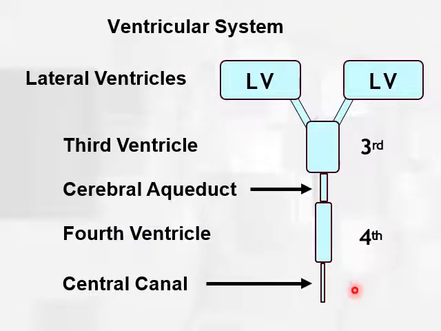This is a simple diagram for the ventricular system. We have two lateral ventricles, then the third ventricle, aqueduct of Sylvius, the fourth ventricle, then the central spinal canal.